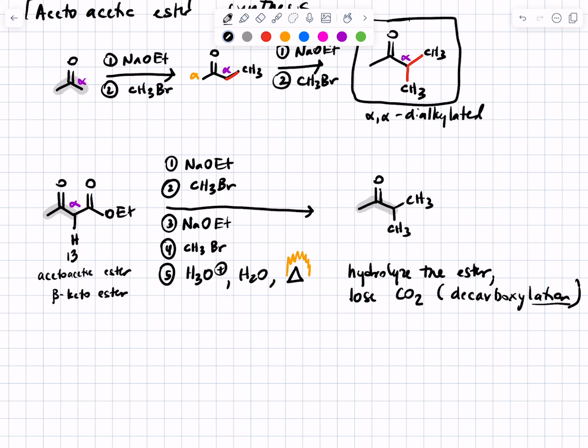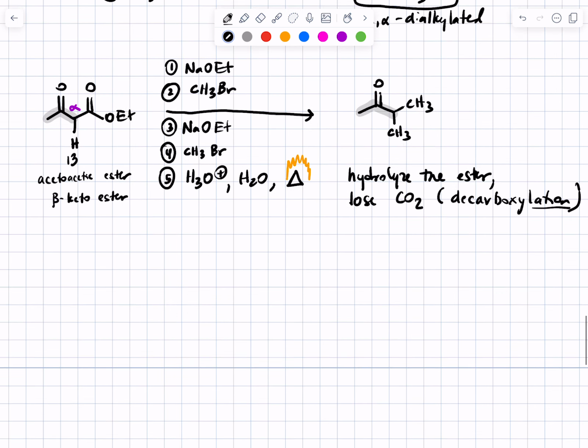So if you're wondering, where did that ester carbon go? We lost it as CO2. And this is an important time to talk about it because we'll see biology use decarboxylation all over as a strategy. All right, let's get through as much of this mechanism as we can.